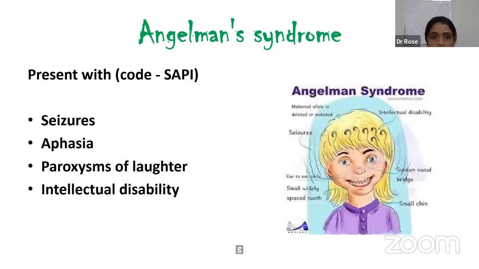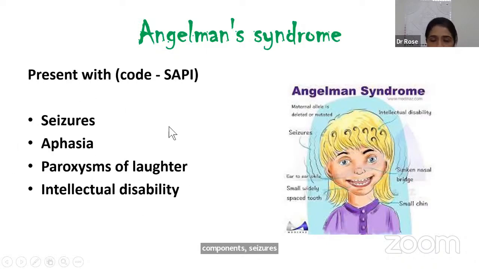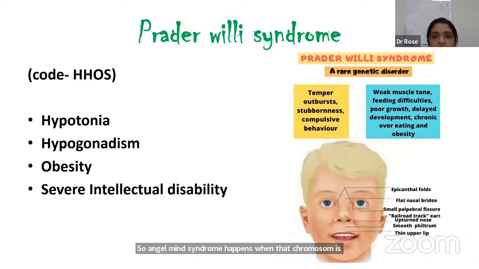This is also asked. So Angelman syndrome, you can remember this code, SAPI. These are the four important components: seizures, aphasia, paroxysms of laughter, and intellectual disability. These are the four components of Angelman syndrome. So Angelman syndrome happens when that chromosome is derived from the mother. Angel mother, you can think like that.